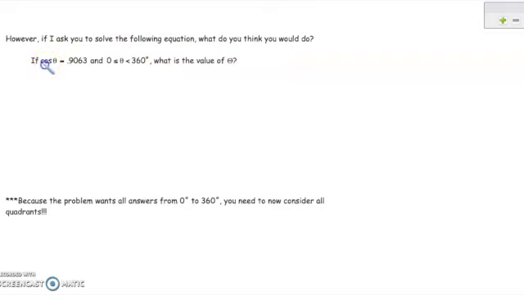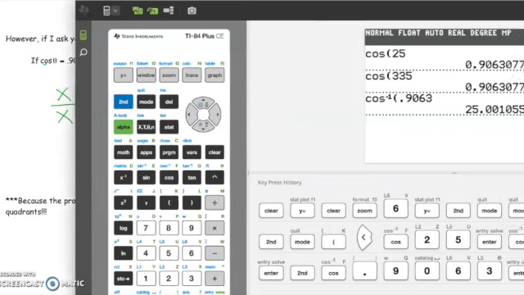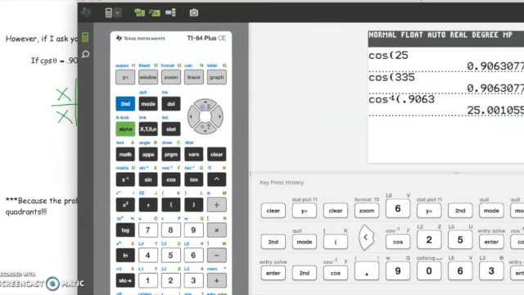Now however, if I ask you to solve the following equation, what would we do? If cosine of theta equals 0.9063, and your angle is between 0 and 360, what is the value of theta? Now, we're not doing inverse cosine right now. We're not thinking about those domain restrictions. We need cosine to be positive, so we need an answer in these two quadrants, because that's where cosine is positive. If we do inverse cosine of 0.9063 like we just did, it spits out 25 degrees.